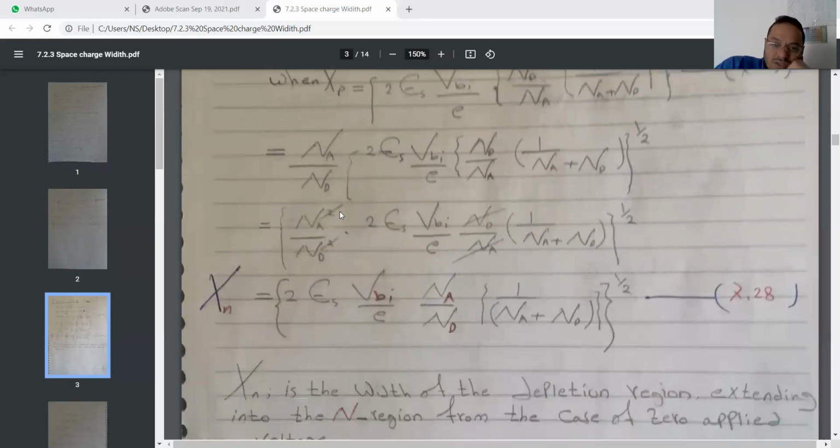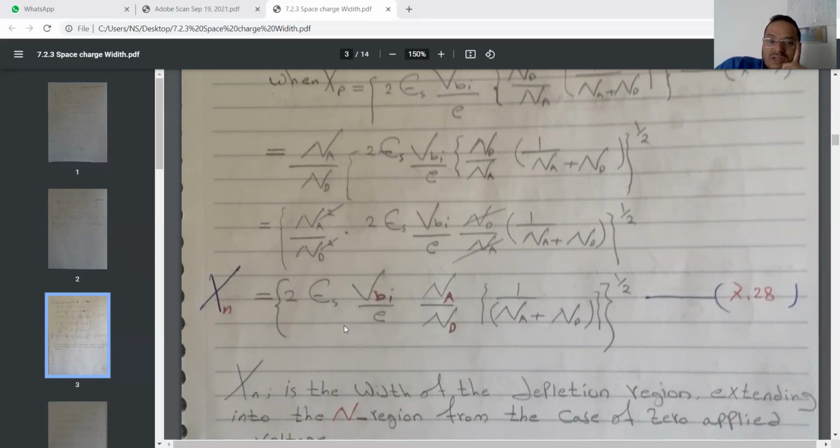Like we see here, we deleted the square from the acceptor concentration and from the donor concentration to get this equation, the same equation, with similarity to the width in the P region, and I will explain that at the next slide. The width in the N region equals the permittivity times the built-in barrier potential divided by the electron charge, times NA, acceptor concentration divided by donor concentration.